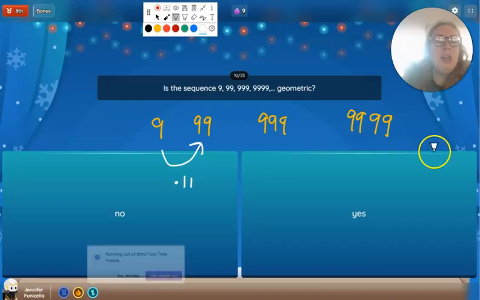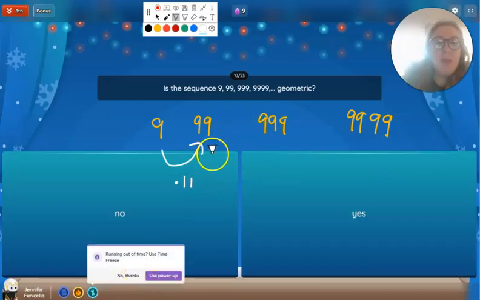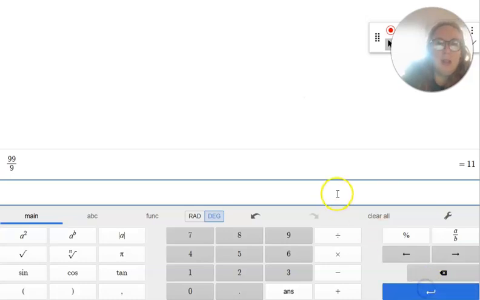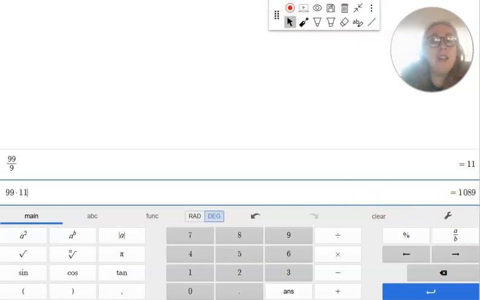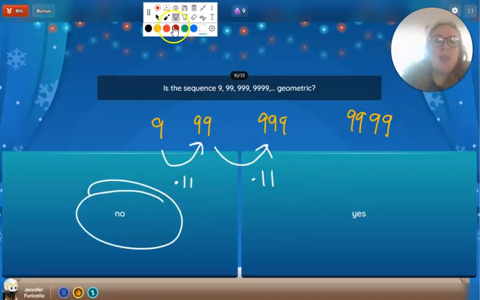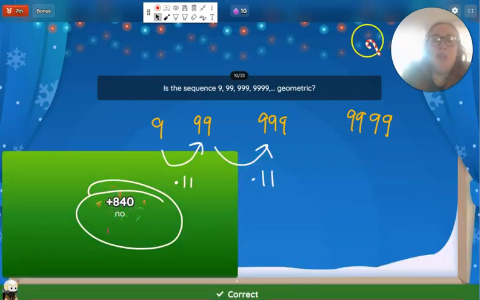Beautiful. So if it is geometric, if we multiply by 11, we should get 999. So let's do 99 times 11. 1,089. That is not 999, so this is not geometric. It has to be the same multiplier each time to be geometric.